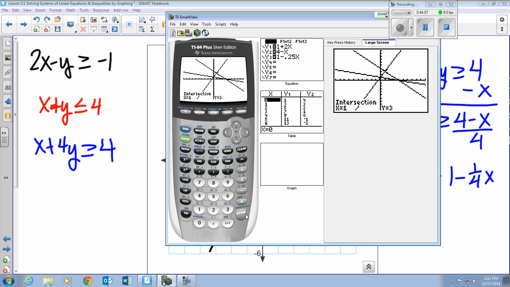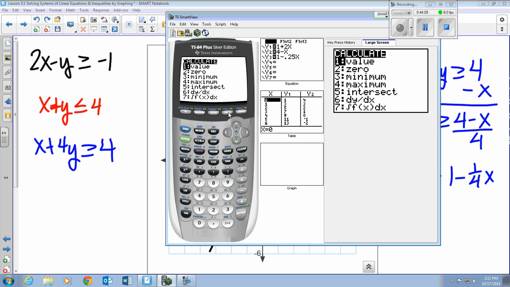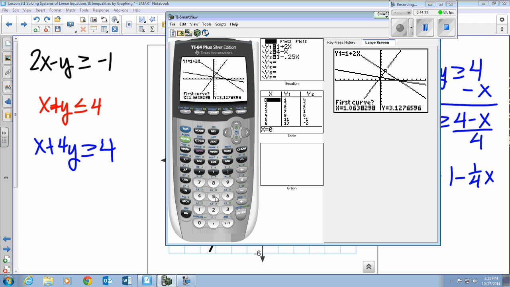If I wanted to find a second point, I have to go second trace, pick intersect, and now I have to use my little arrows. So I have to somehow get it closer to the other point I want. So now it's down here, enter. Oh, wait, it jumped back up where I don't want it. So I have to get it back down where I do want it. Enter, enter, and then it'll find the next point. So I have to keep telling my calculator where to go.